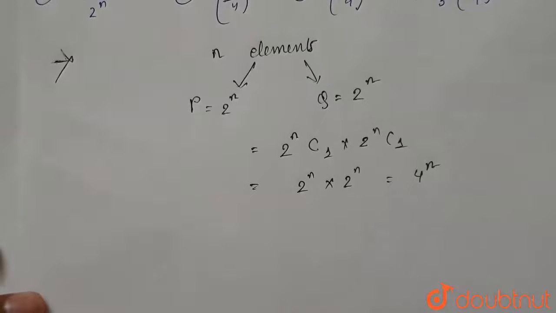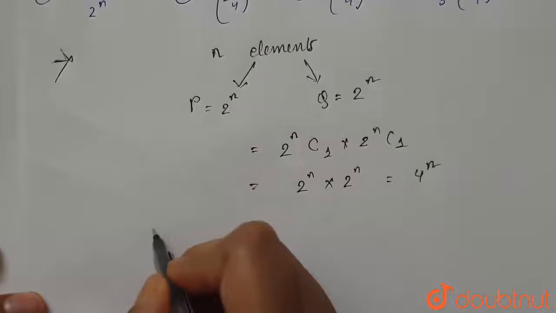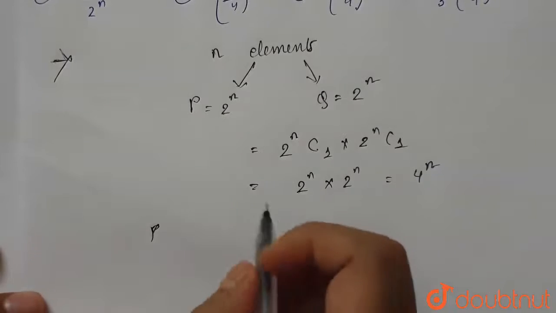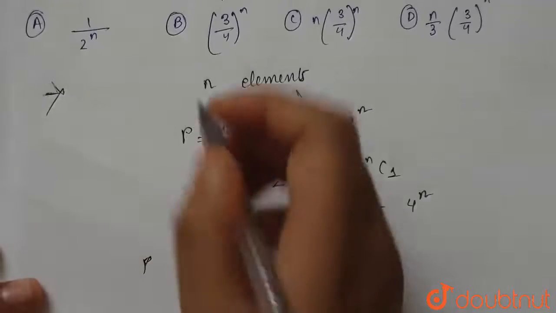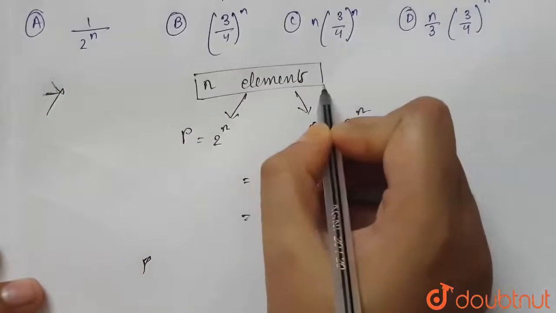Now according to the question, we have to make P union Q equal to A. So this is set A containing n elements.